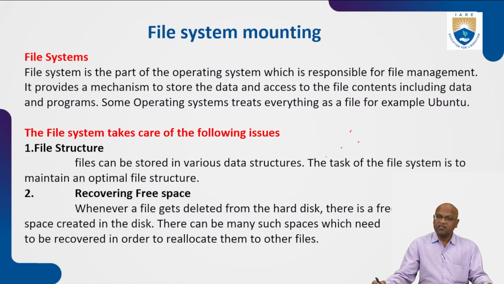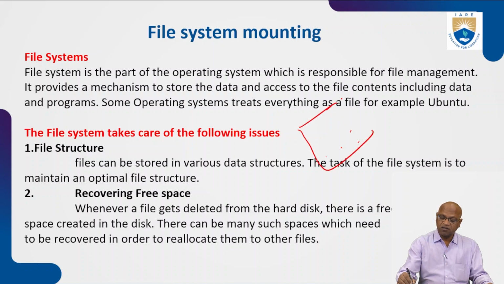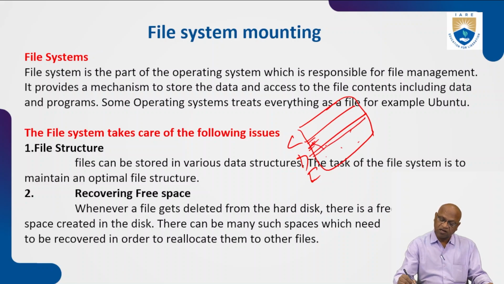Whenever a file gets deleted from the hard disk, there is free space. As we have seen, this is your hard disk with C drive, D drive, E drive, and we have saved one file here, and regarding this file we maintain one directory in the hard disk itself, just below the D drive.